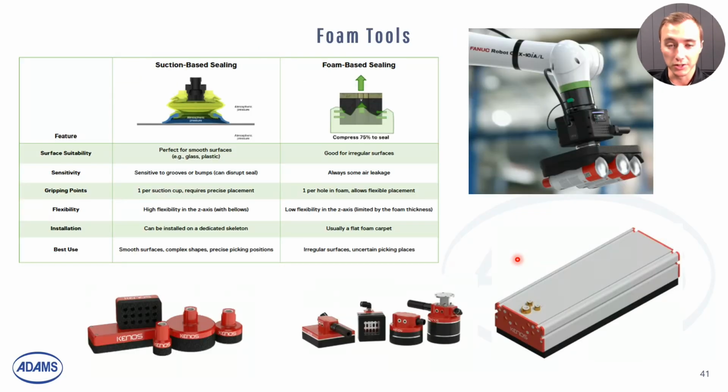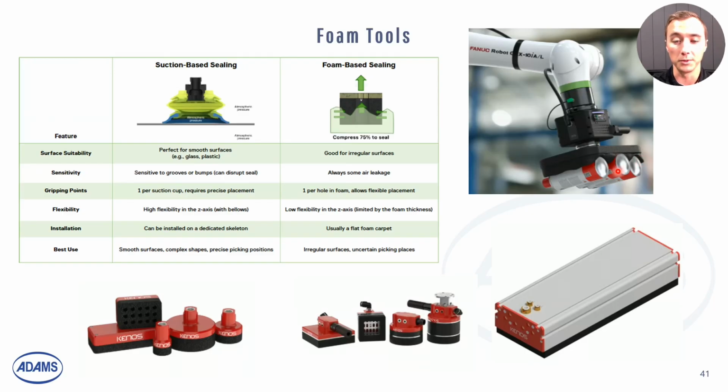So moving past suction cups, there's also foam tools. Foam tools can be a great solution for the end of a robot, for the tooling on the end of a robot. The cups are going to be well suited for more flat, smooth surfaces, where the foam is good for irregular surfaces. As you can see over here in this picture, it's handling multiple cans at once with those odd shapes, and it can still create a good seal.